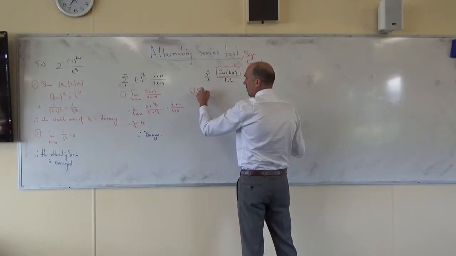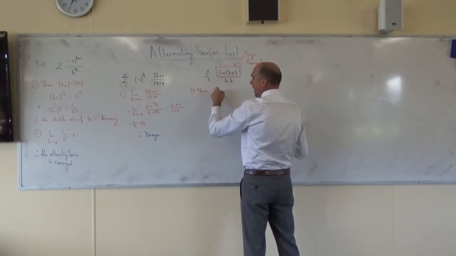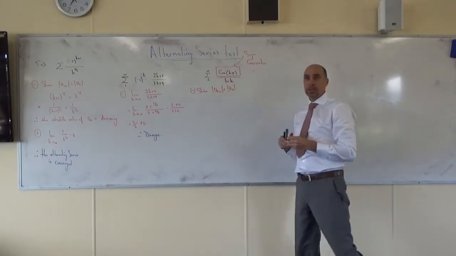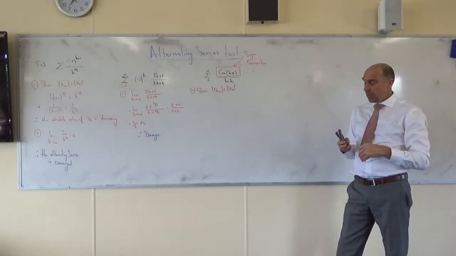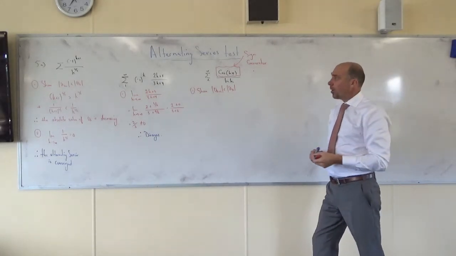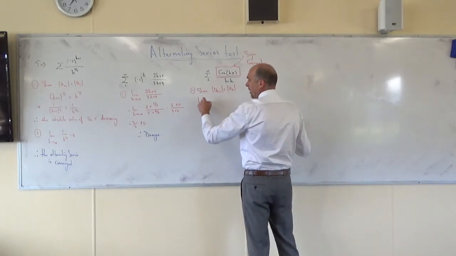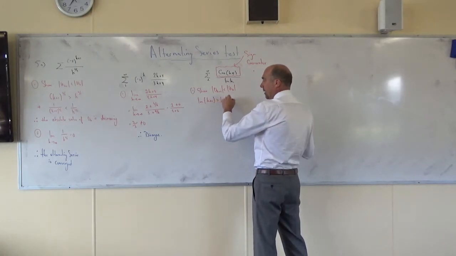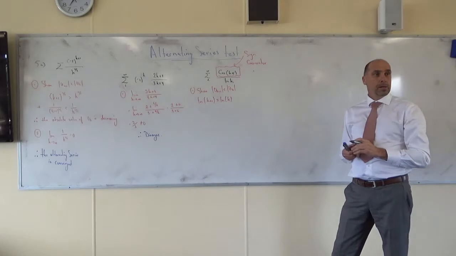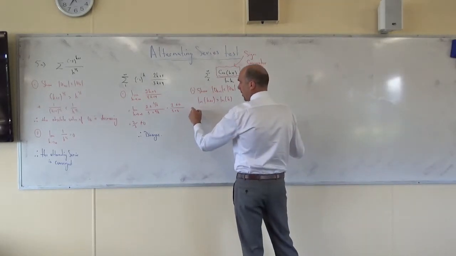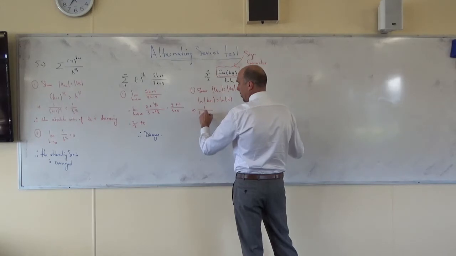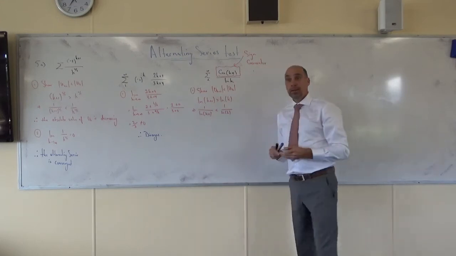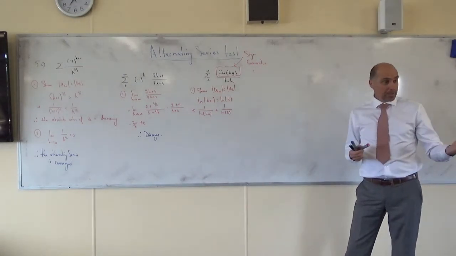I've got to show that U_{k+1} is less than U_k. So how will I do this? I reckon I'll just go ln(k+1) is greater than ln k. That implies 1 divided by ln(k+1) is less than 1 on ln k. Therefore, it's decreasing.